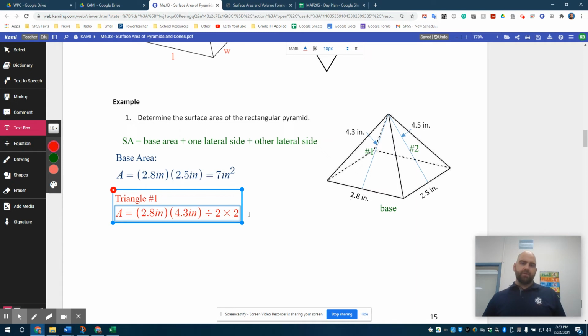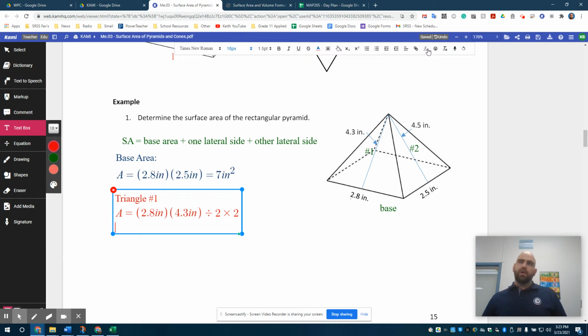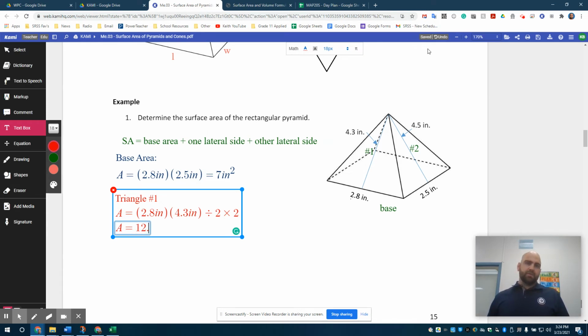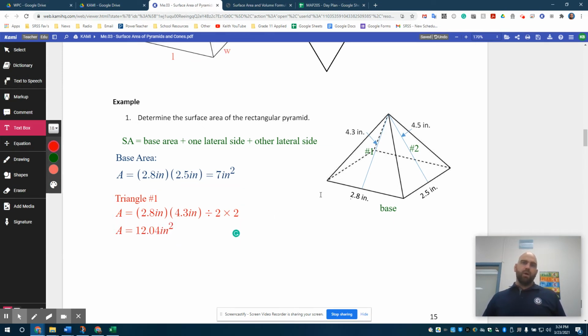Now, you might realize that you actually don't have to do the divide by 2, multiply by 2. You can just leave it because it's not going to change anything. This gives us an area of 12.04 inches squared. So that's triangle 1 and its counterpart on the other side.